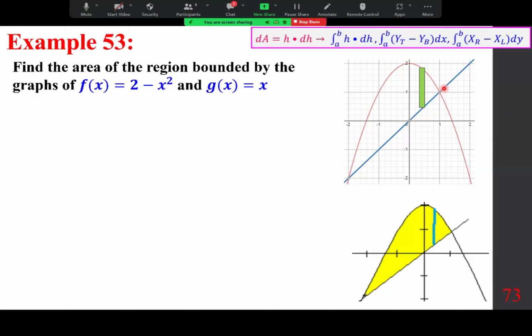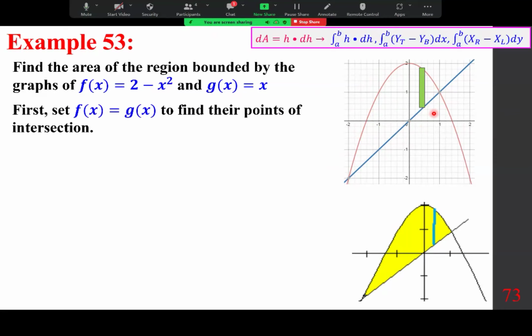By the way, you can't have a horizontal rectangle because over here, the right side and the left side are both the same function. Over here, that's not the case, but over here, it so has to be a vertical strip. So you have to set the two equal to find the points of intersection.